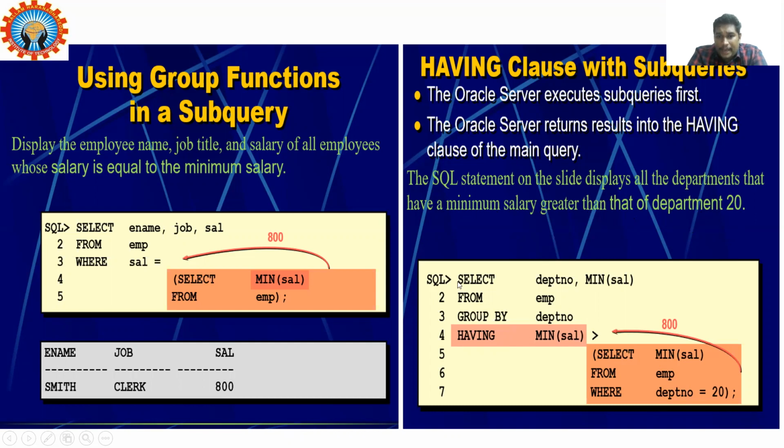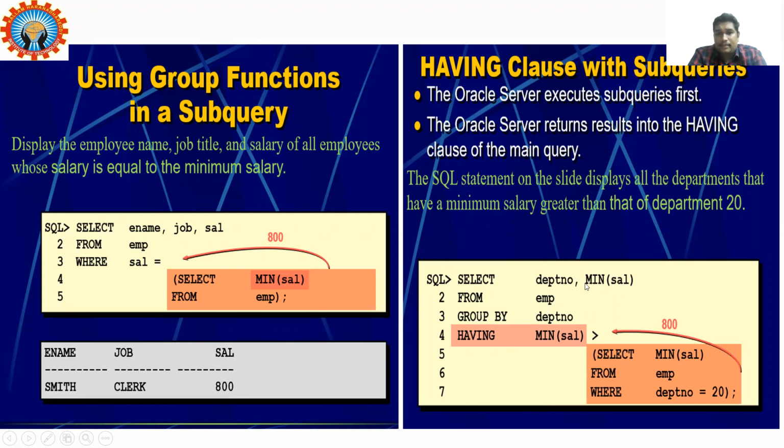Here in the outer query I use group by, because I want the minimum salary of all the departments. So I want the department number and minimum salary, grouping the department numbers, having minimum salary.